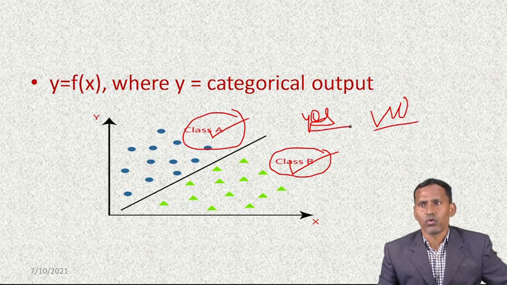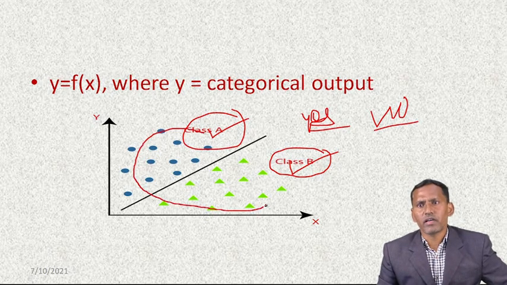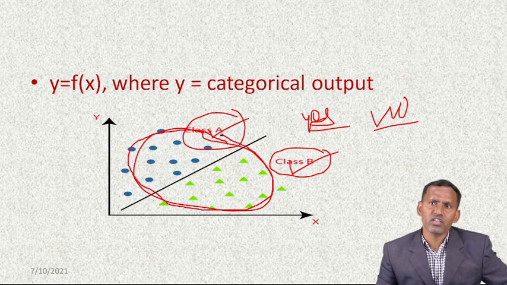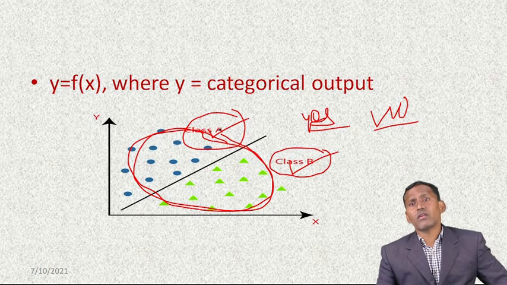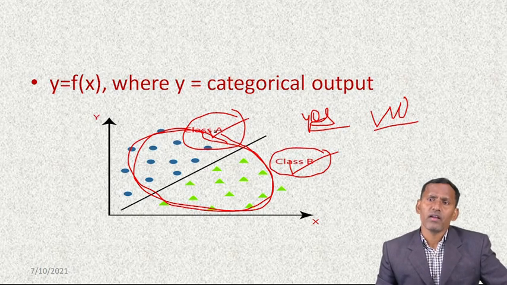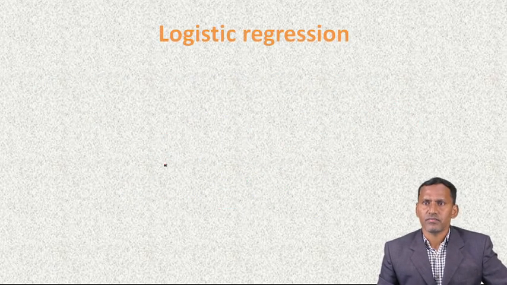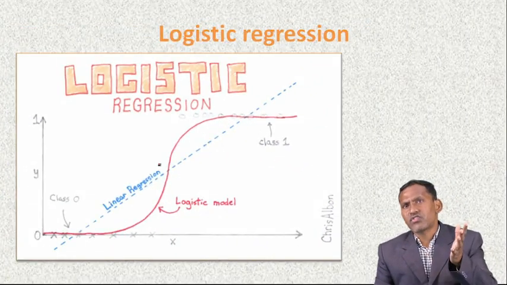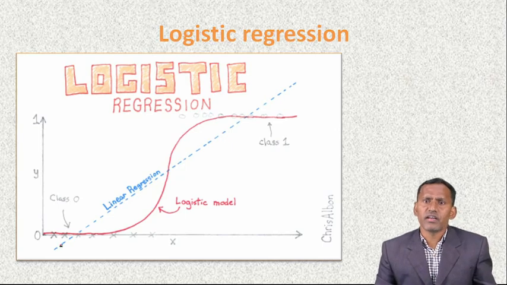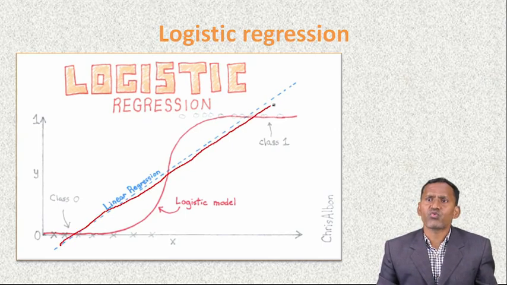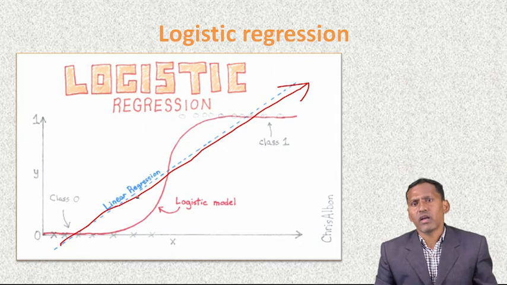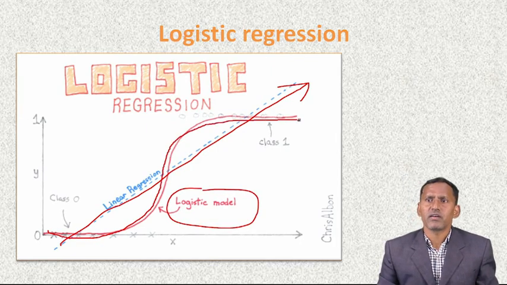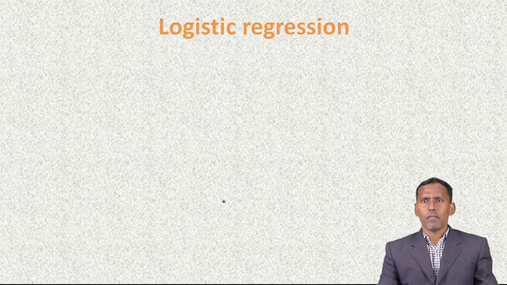All the data points we plotted here are categorized into two classes: 1 or 0, male or female, class A and class B. Comparing logistic regression and linear regression, linear regression draws a straight line, but logistic regression draws a sigmoid S-shaped curve.